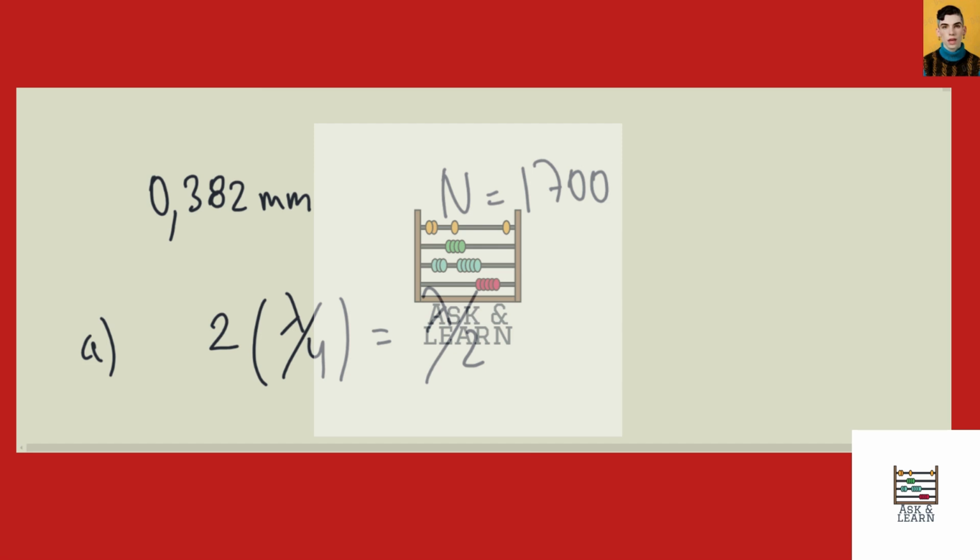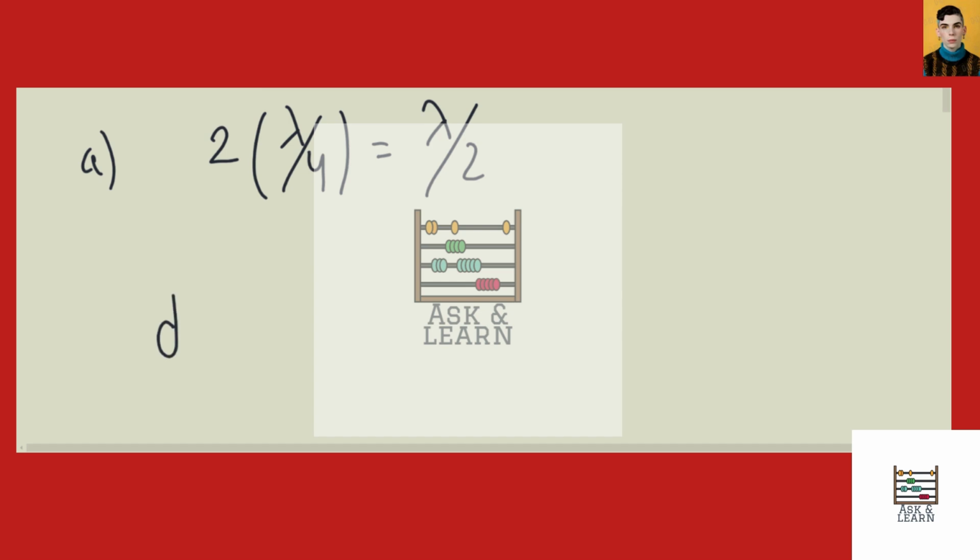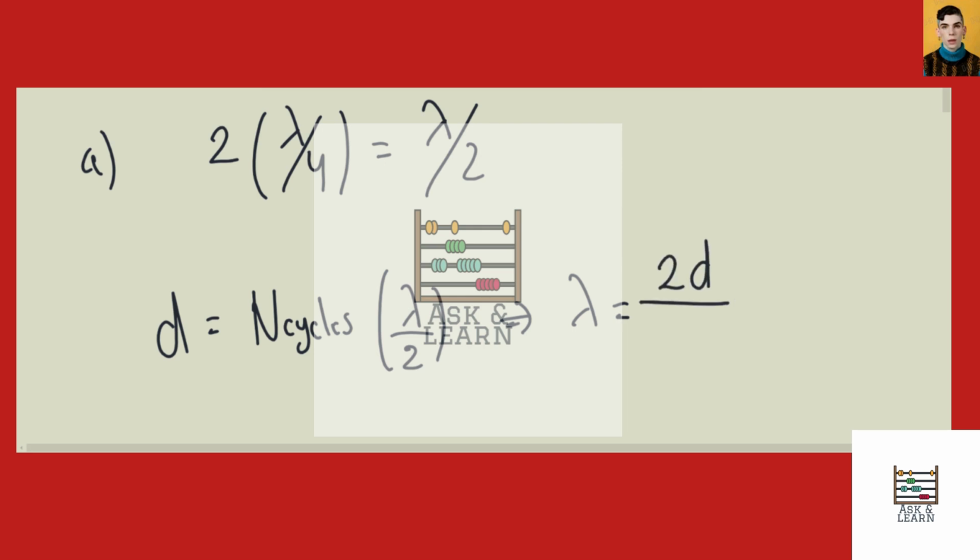Thus, if we have n cycles observed as the mirror moves a distance d, it must be true that d is equal to n cycles times the wavelength divided by 2. Solving for the wavelength, we find it is 2 times the distance d divided by the number of cycles.